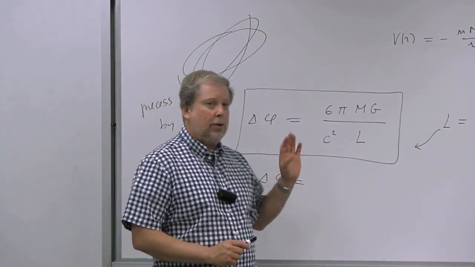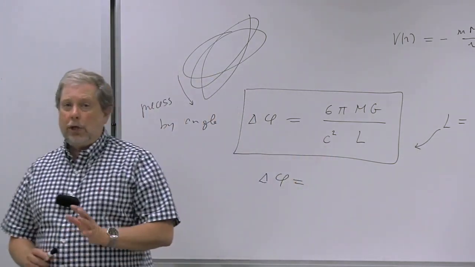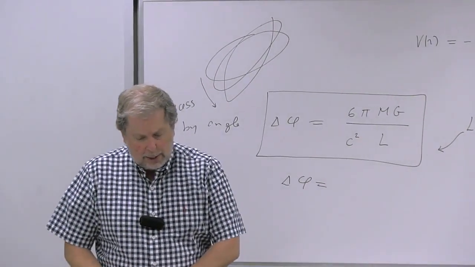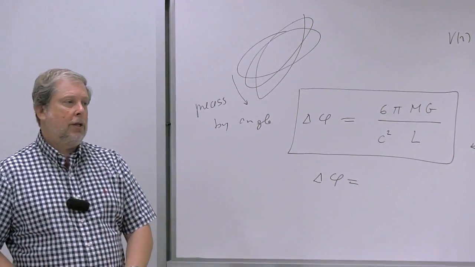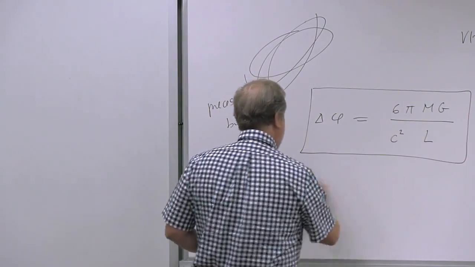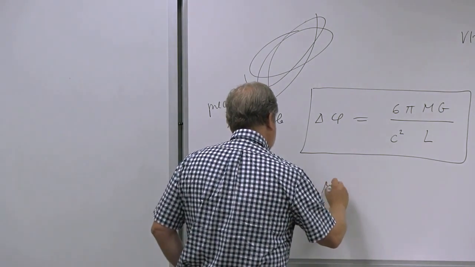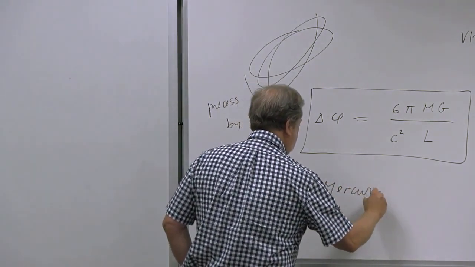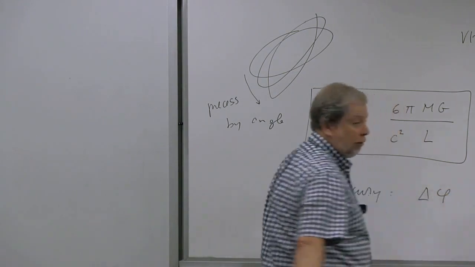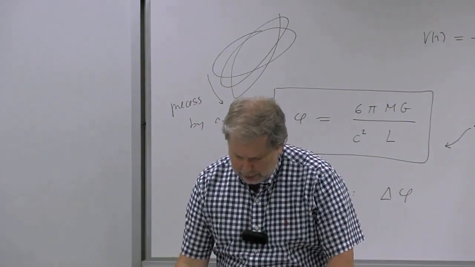Mercury has a certain amount of eccentricity, which had been determined a long time ago. I think there were people that already started to do these observations in the early 19th century. And so if you put the parameters in for Mercury, then you find that this delta phi is about 43 arc seconds per century.